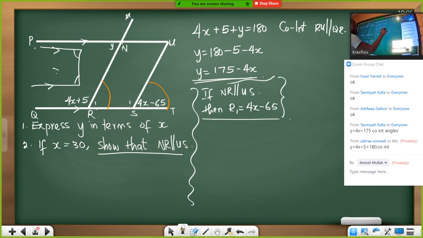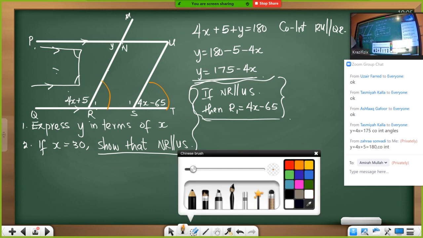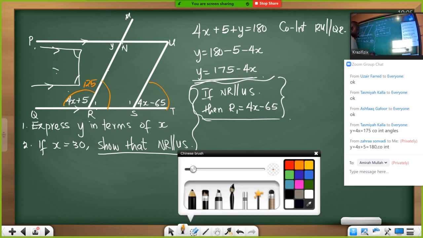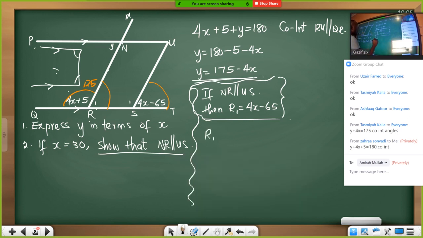Okay, so this is what we want to prove. Since we know that our x is 30, this is going to be 4 times 30, which is 120. Is it okay to say that this angle here now is 125? And if that angle is 125, can I therefore say R1 is 180 minus 125, which is 55 degrees?